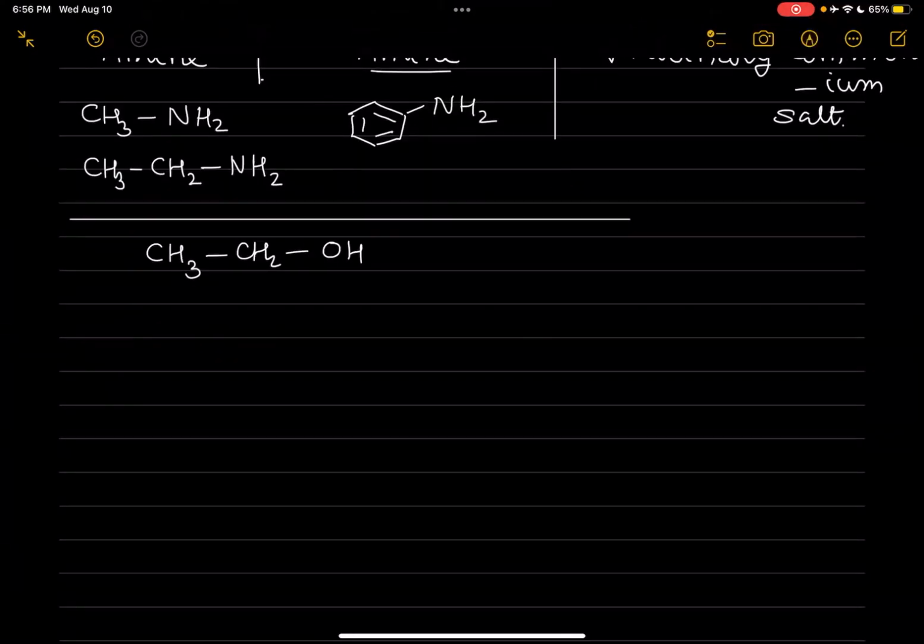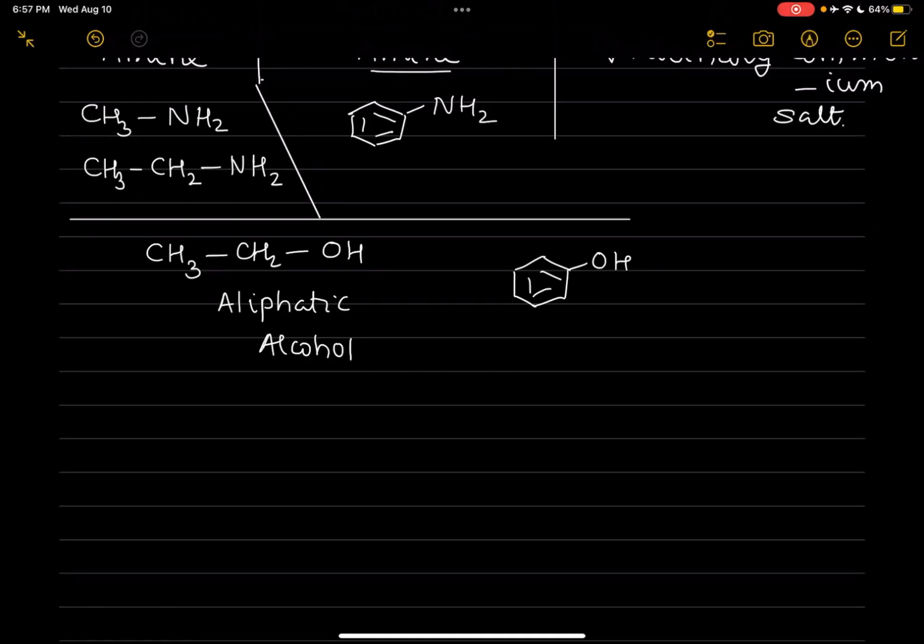Alcohol means there is an OH group, and that functional group is known as alcohol. So this is an aliphatic alcohol. An aromatic alcohol is if you have an OH group connected to a benzene ring. And what is the common name for these? Any idea?